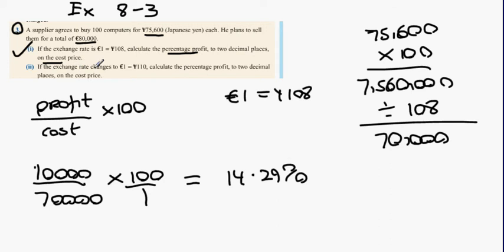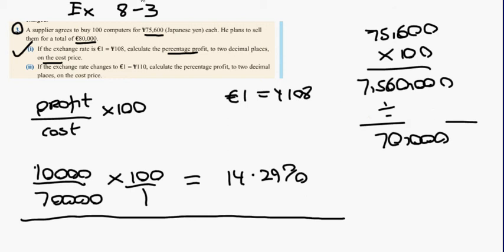If the exchange rate changes to 110 yen, calculate the percentage profit correct to 2 decimal places. So instead of 108, we now have 110.